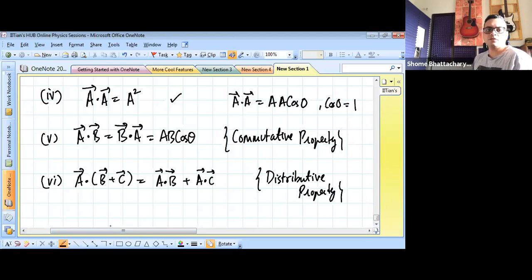So like that, here dot product is also distributive. Alright, so hope this is clear.